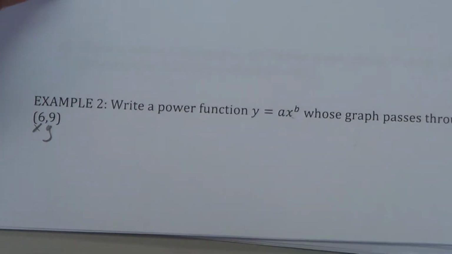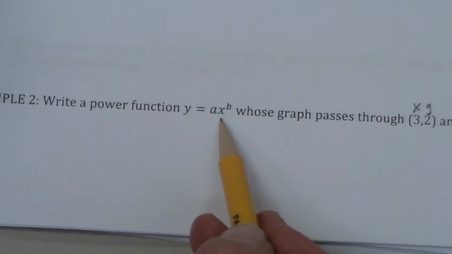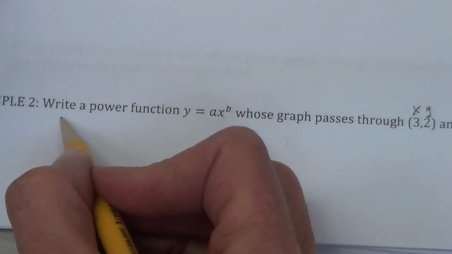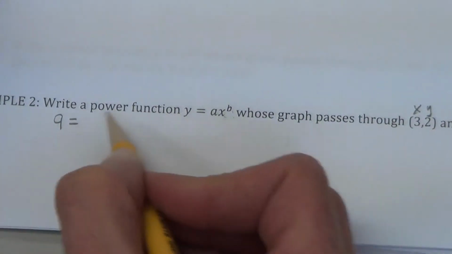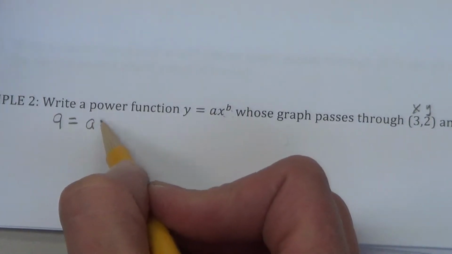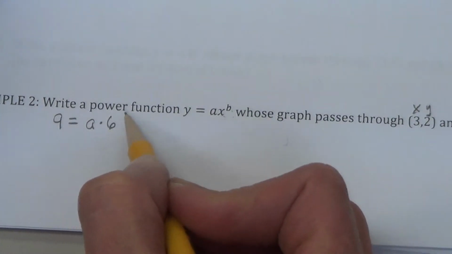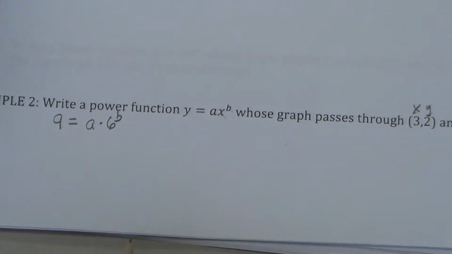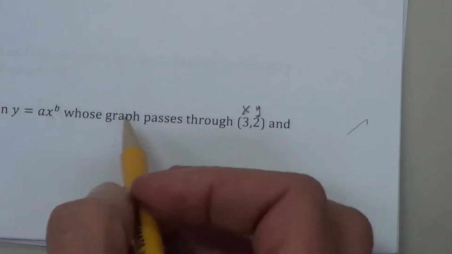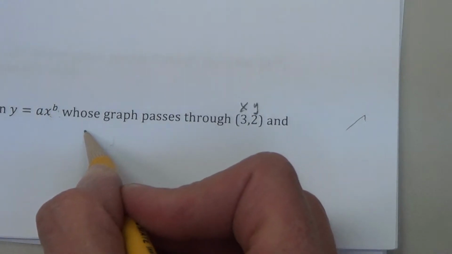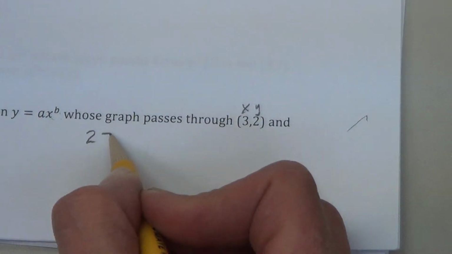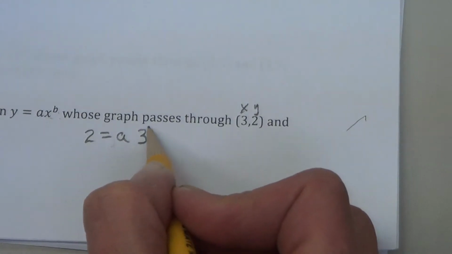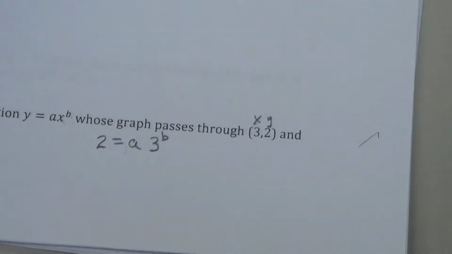So we would have y equals ax to the b. We would have y is 9 equals a times 6 to the b. This one, same thing. We have the y, 2 equals a times 3 to the b.